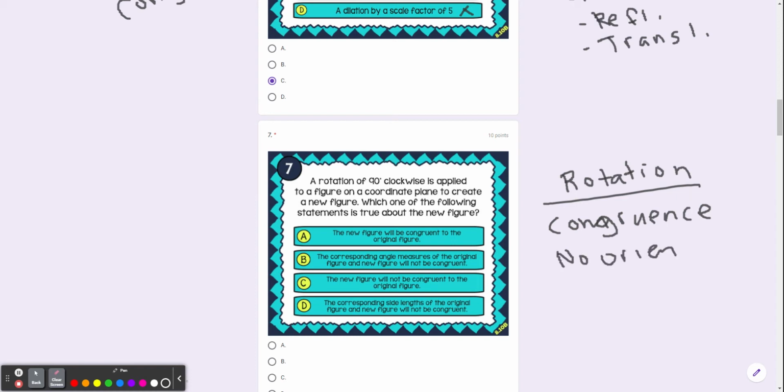The congruence stays the same, but its orientation changes.